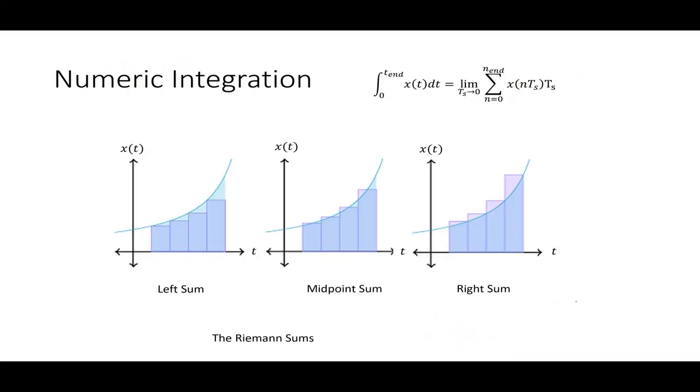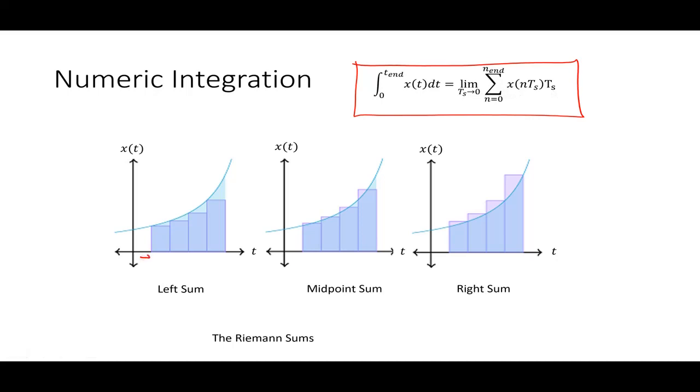All right, so the idea of numeric integration basically comes from the definition of the integral, which we have right here. Okay, basically what I say is if I want to get the area under a curve, the way I can do that is by drawing rectangles underneath the curve and essentially trying to figure out the area of each of these rectangles. All right, so that area, basically what you're doing is you're summing up the area of each rectangle.